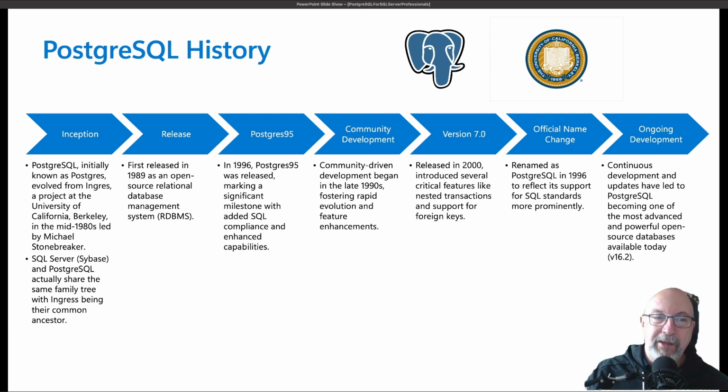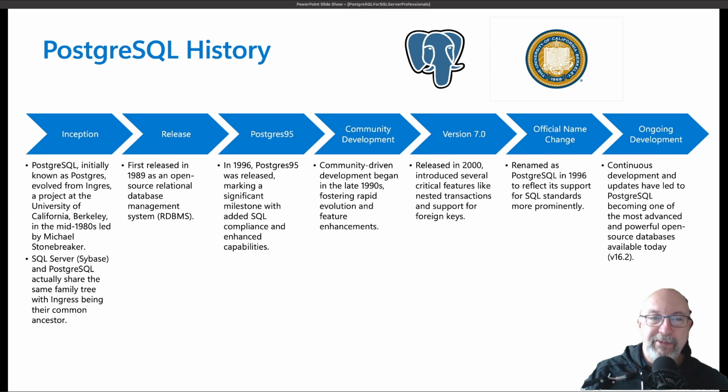Actually, that Ingres technology was also at the origins of the SQL Server Sybase bits. So we can say to a certain degree that SQL Server and Postgres share some kind of family tree, with Ingres as the common ancestor, if you will.